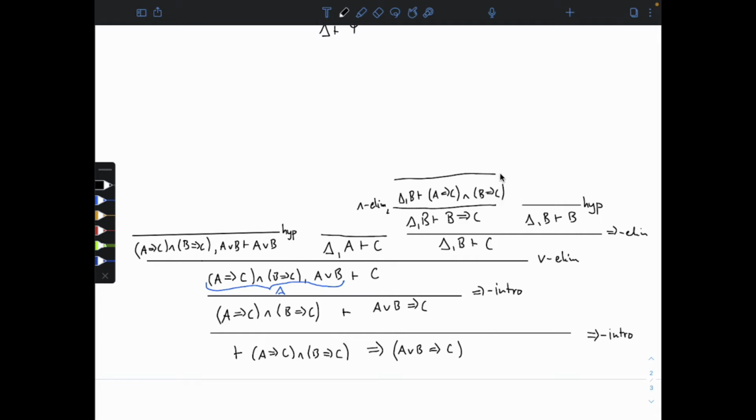And then this one I can get from hypothesis. It's part of the hypothesis. And then here, it's similar, just that A and B exchange roles. That's what a derivation looks like.